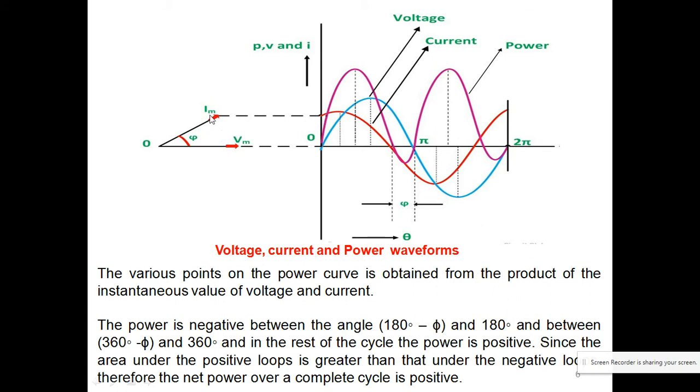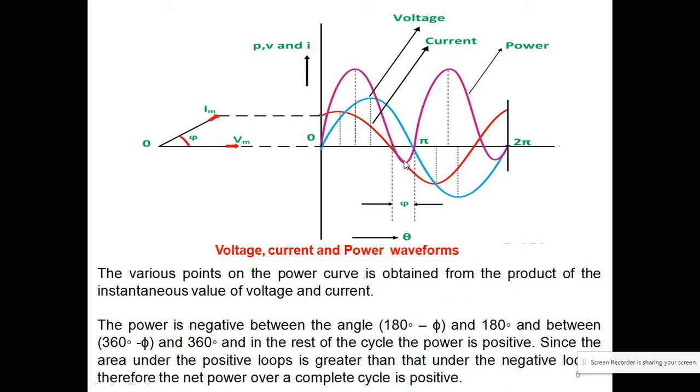That's why I'm drawing it this way. The current, shown in red, starts from here, and the blue one is our voltage. From these two we can see our power; the violet color is showing our power.